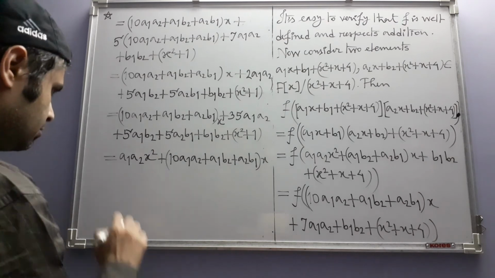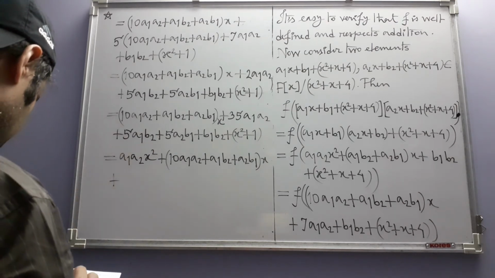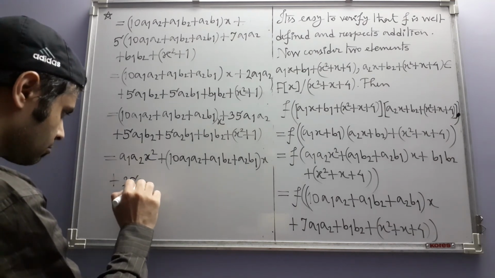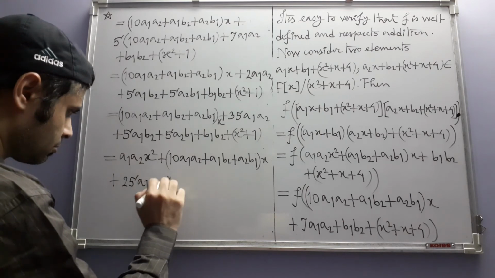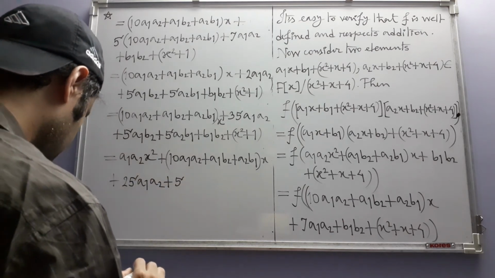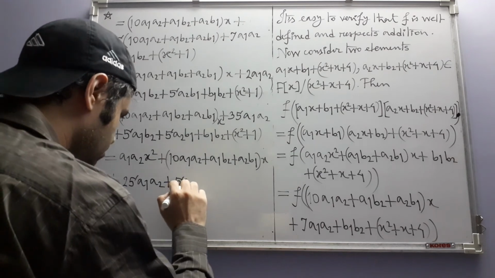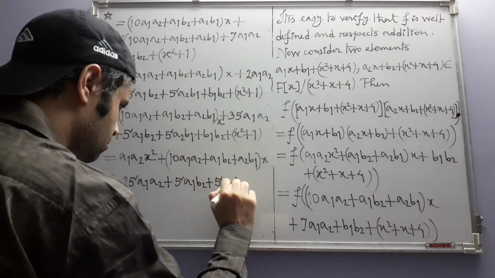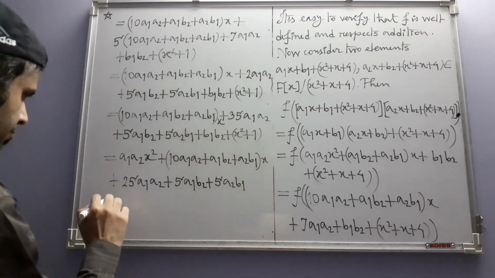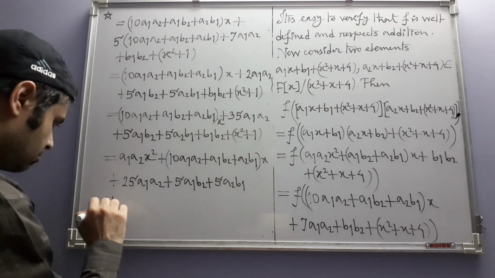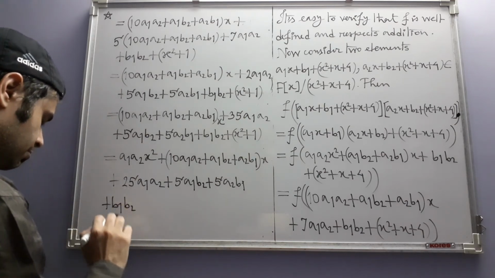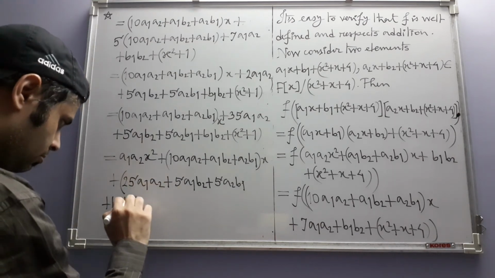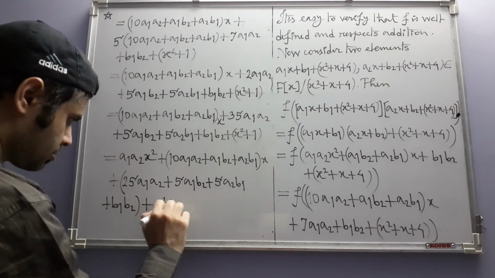And then plus what we write, 25 a1 a2 plus 5 a1 b2 plus 5 a2 b1 plus b1 b2 plus x square plus 1.